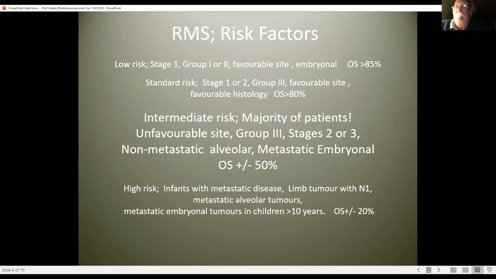So this includes chemotherapy, surgery, and then radiotherapy. The high-risk patients are basically an experimental group. You can do what you like with them. They are unlikely to survive, and it's worth trying even experimental regimens in this group of patients. And it's important to note also that age is a significant factor, and that if you've got this over the age of 10, your prognosis is considerably poorer than the younger children. Slide, please.